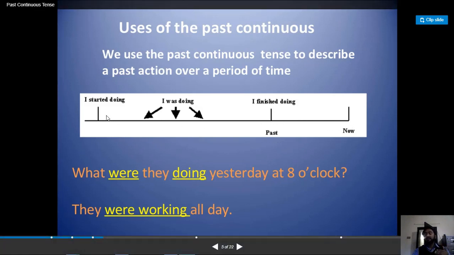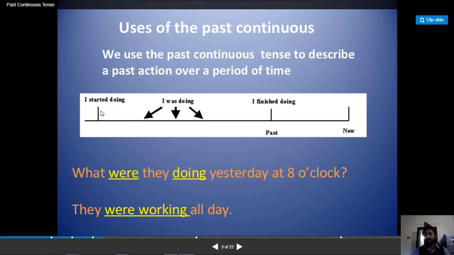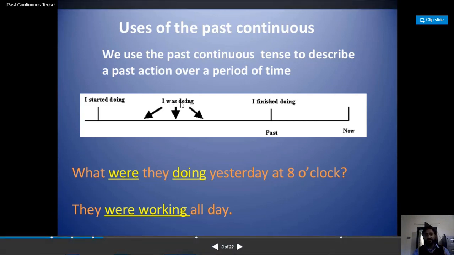So this tense is used in order to describe a past action which started at some point of time and was in progress over a period of time, and then it finished at some point of time in the past.